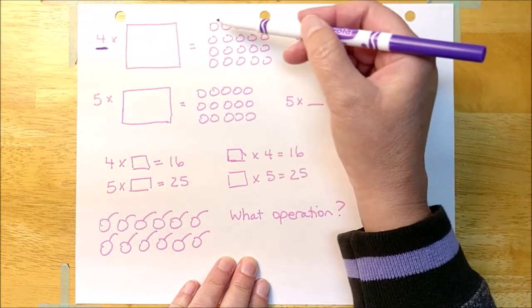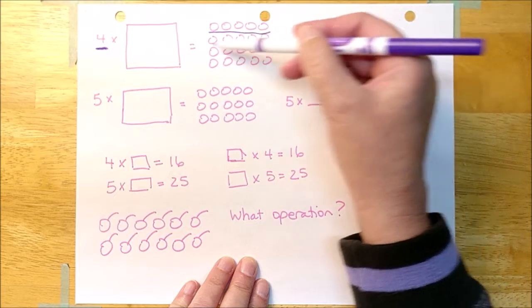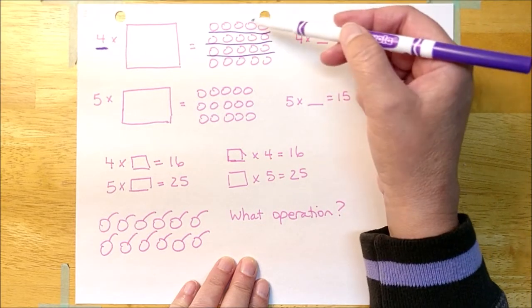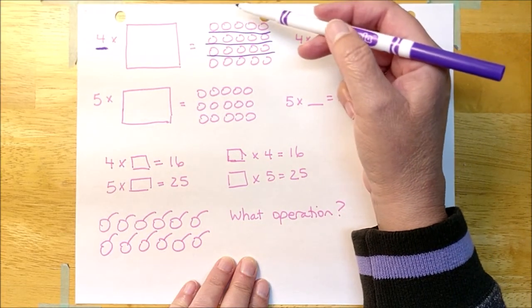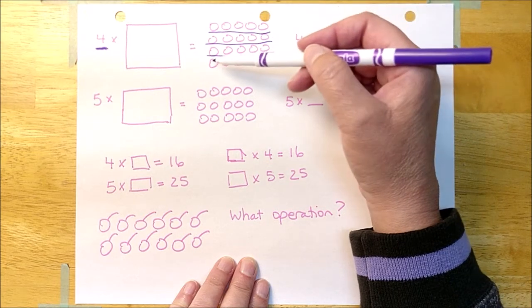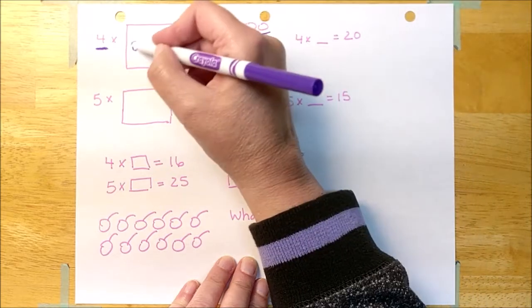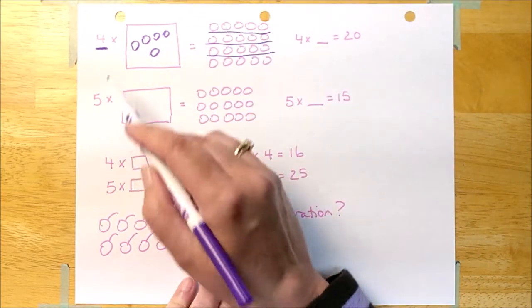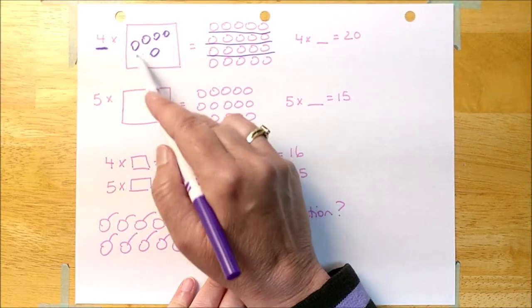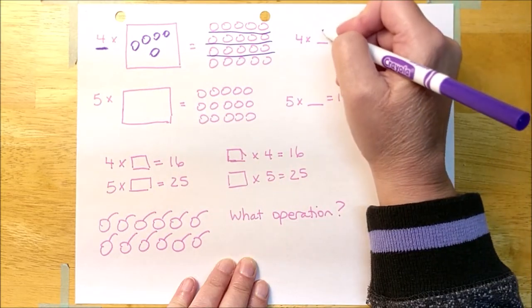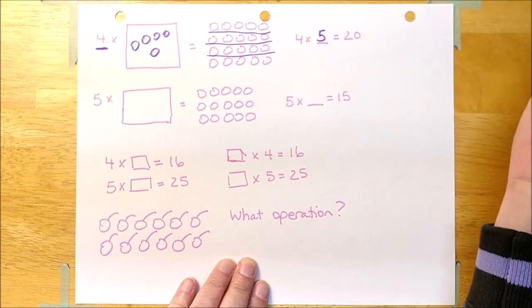I have to divide these into 4 groups. Each one has 5 in it. So 4 times 5 equals 20.